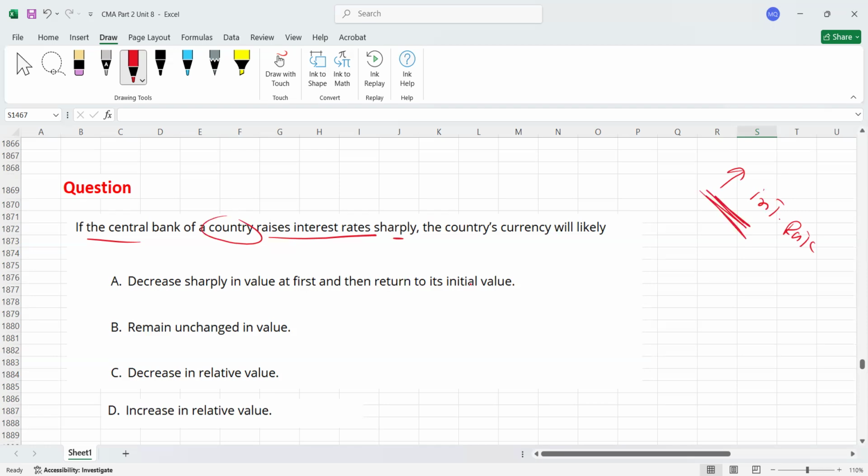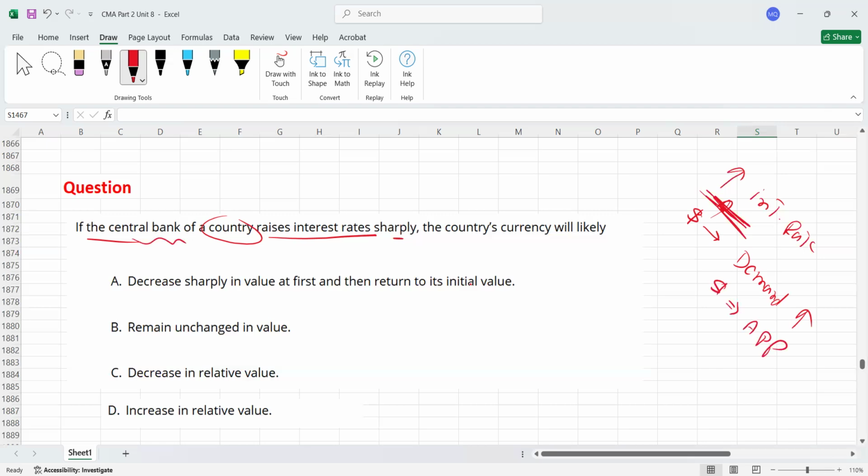Because they want to earn more return. And if they want to invest into that country, they need that country's currency. For example, if the US will increase the interest rate, people want dollars to invest here. So dollar demand will increase. If dollar demand increases, it means the dollar will appreciate.